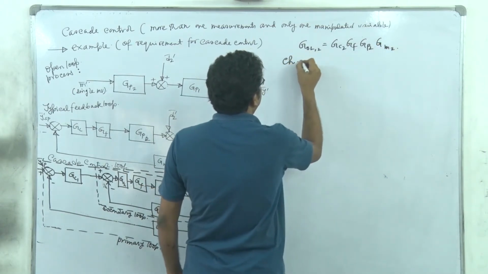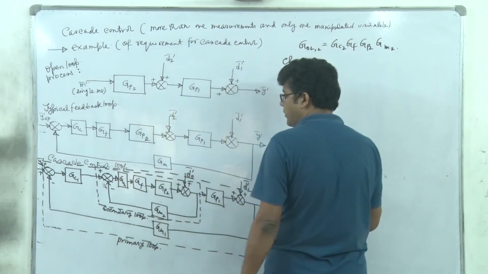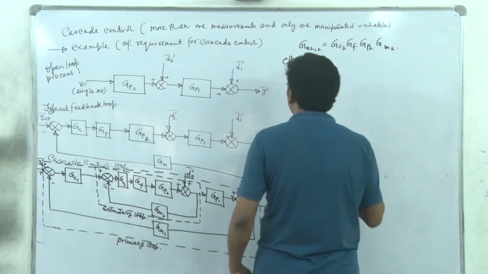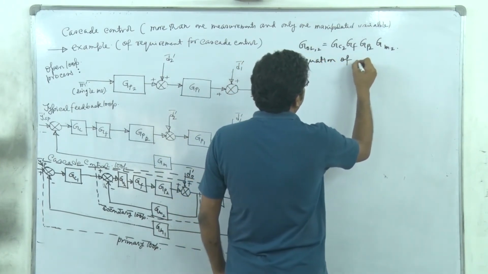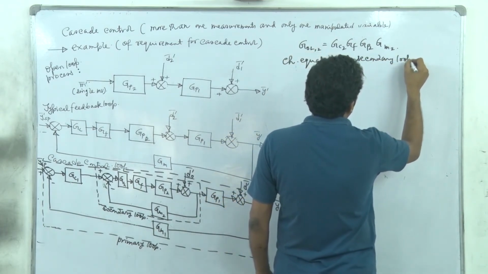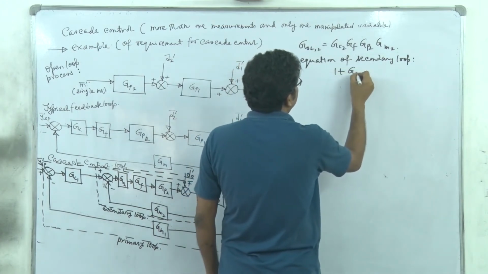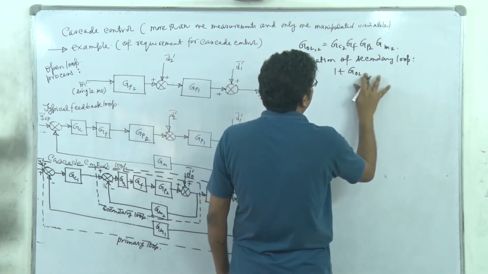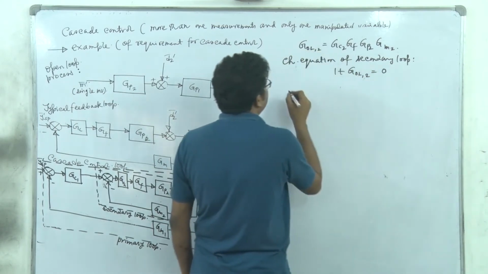So the characteristic equation, from where we will conclude about the stability of this secondary loop, is 1 plus GOL2 equals 0.